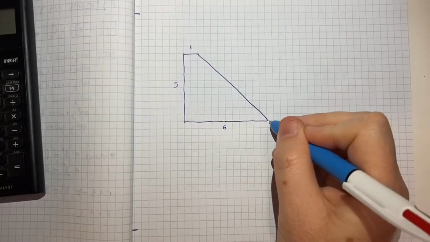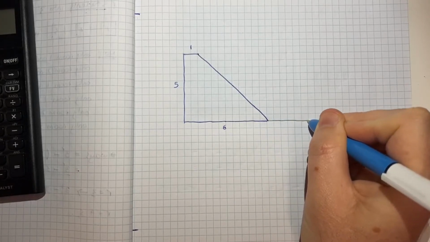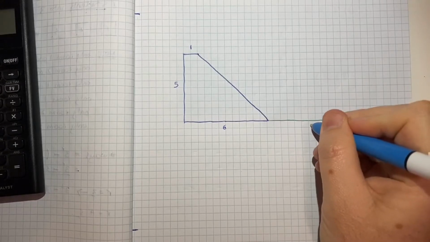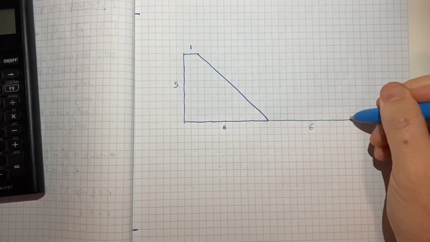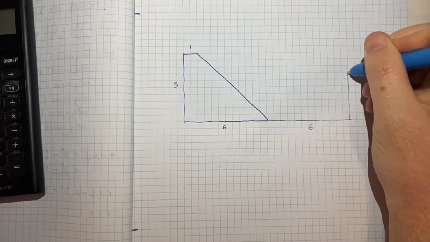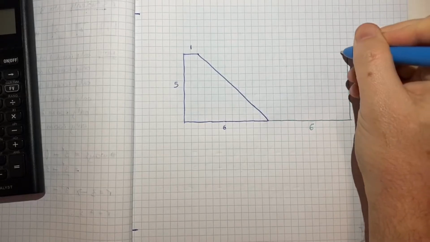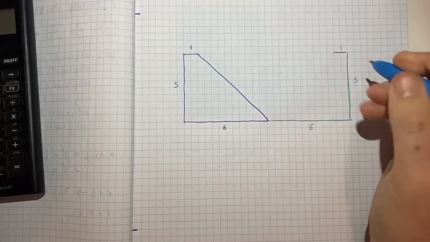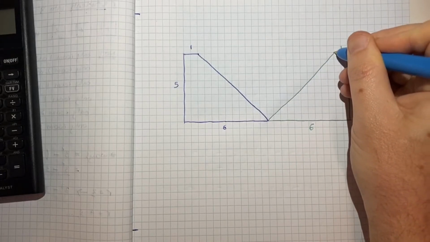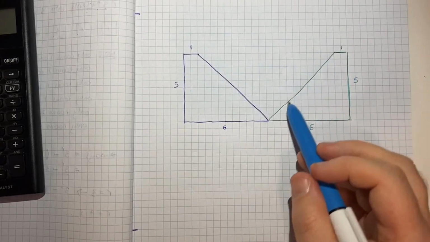We'll draw, again, a line with a length of 6, and then we'll come up the same height. So that's got a length of 5, then a length of 1, and then we connect. You'll see there what I've done is I've simply drawn the mirror image.